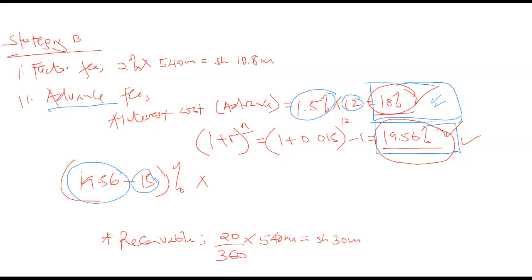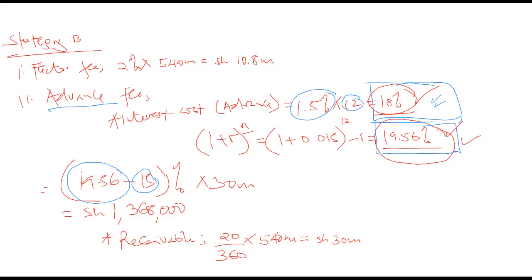Now we multiply by the money they give you, and they give you 30 million. So times 30 million. That is the incremental cost, the advance fee in question. 368,000. So that's going to be the incremental financing cost the company pays to the factor.